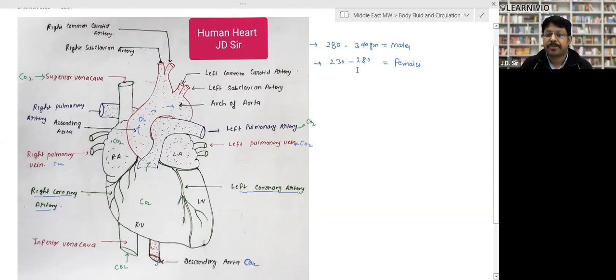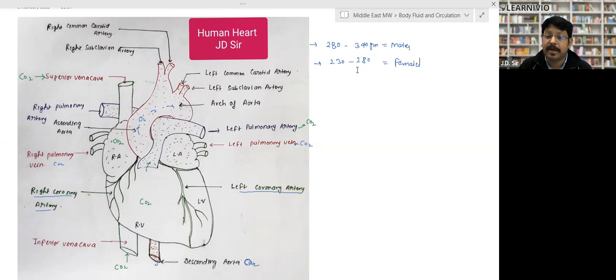Second, the kidney, the lungs, and all parts, including the liver, are comparatively smaller in comparison to males. Second, the most important thing, the main reason, is that males require more energy for operating their body activities. The reason behind it is that the metabolic rate is higher in males.